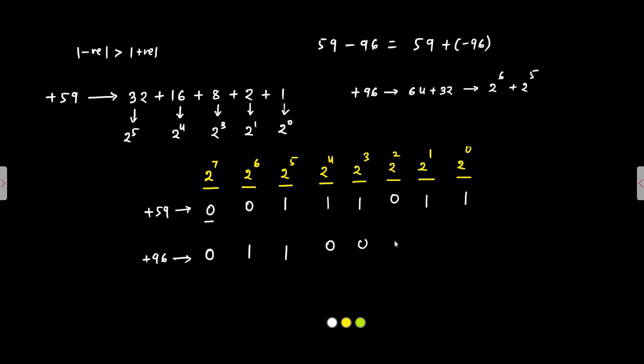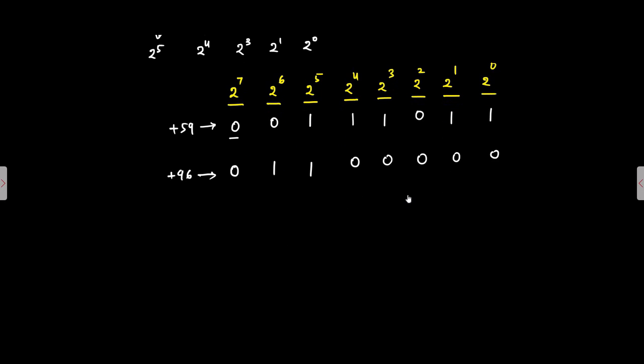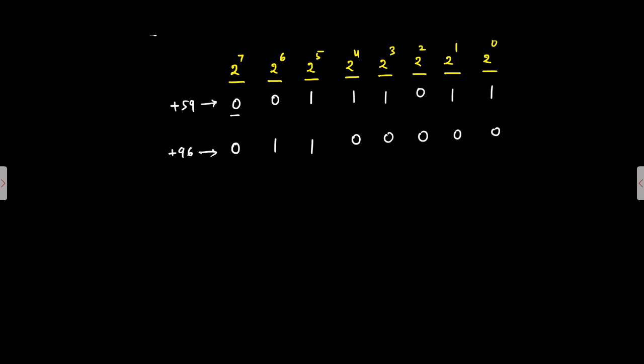This is plus 96. Now we have to represent minus 96 using 2's complement form. So 2's complement is 1's complement with 1 added to the LSB. First we have to take the 1's complement: 0 will be changed to 1, 1 will be changed to 0.